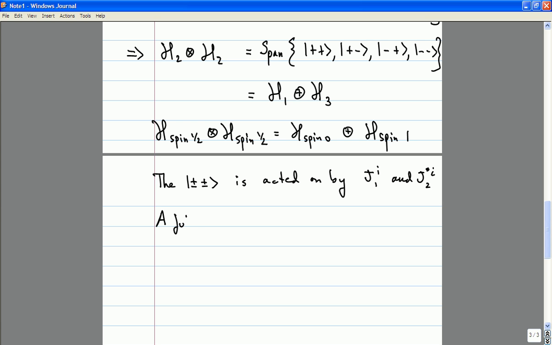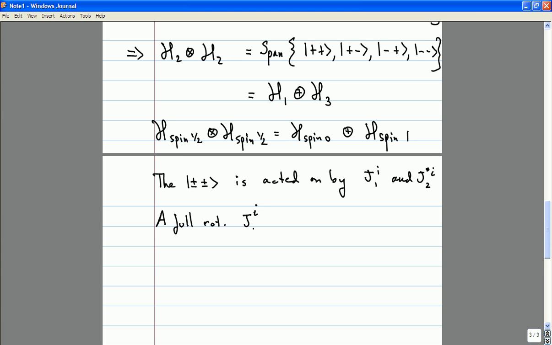And a full rotation acts on both simultaneously.